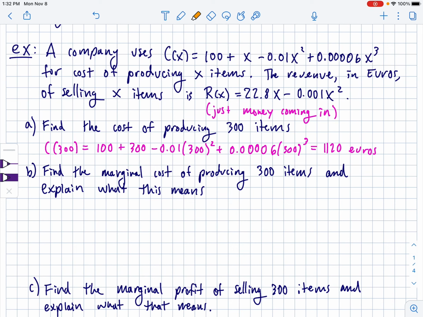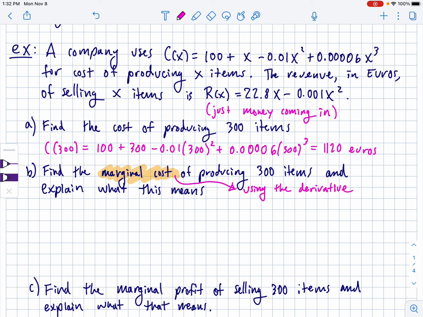Now the next part says, find the marginal cost of producing 300 items. The marginal cost is using the derivative, and I'll do my best to explain why. The marginal cost is basically how much it's going to be costing per item to make 300 items.